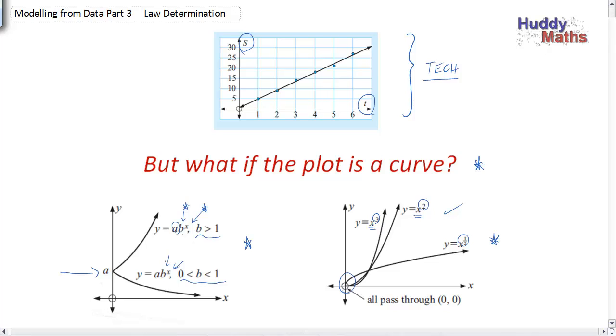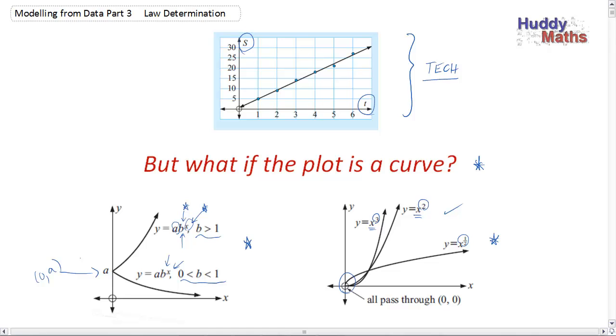If you raise your base b to x is 0, b to 0 is 1, so you would get the point a there. So when x is 0, the value of the function is a. So they have quite different characteristics, but they are good candidates for modelling curves or data which have produced a curve. And that's what we're about now.